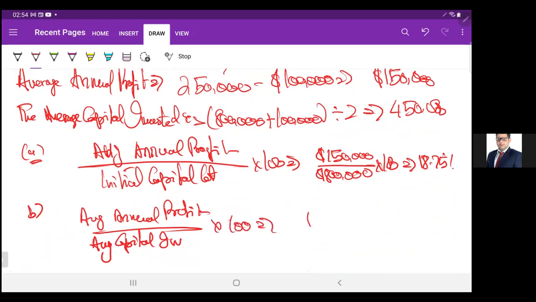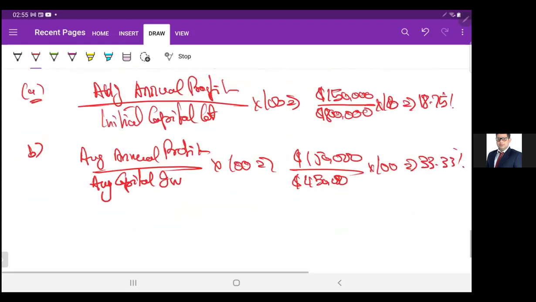We will get $150,000 divided by $450,000 multiplied by 100. We will get 33.33%. That's how you need to do it. And I hope you get it till here. Right. So far so good.